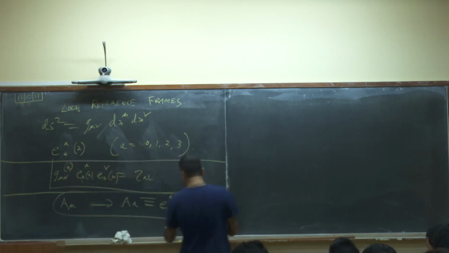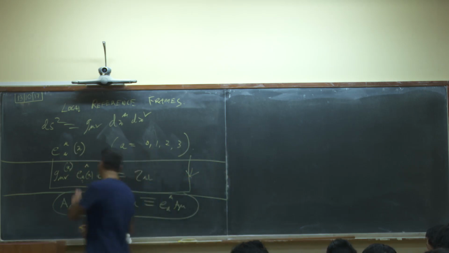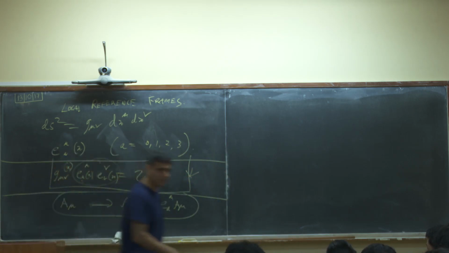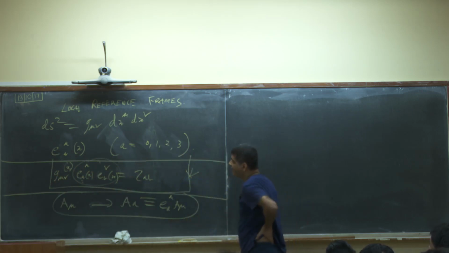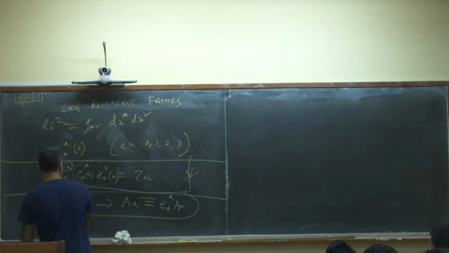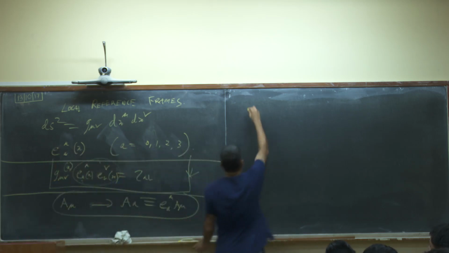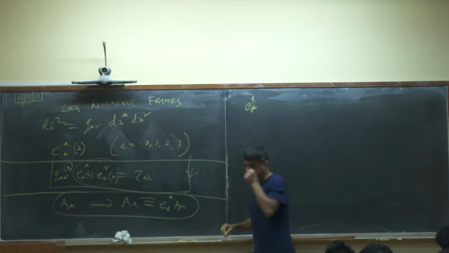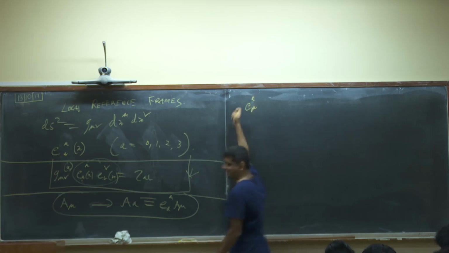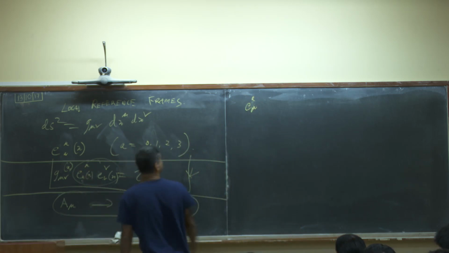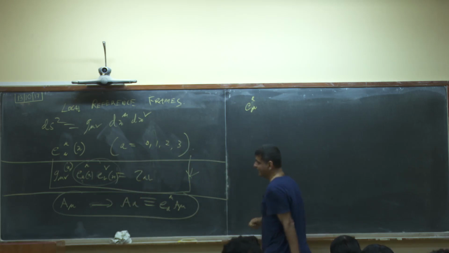Okay, but before we do that, let us first get a few mundane algebraic things out of the way. There are various things that I want to claim. Firstly, I'll define e_a^mu to be the inverse matrix of e^a_mu. Okay, so this is defined how?